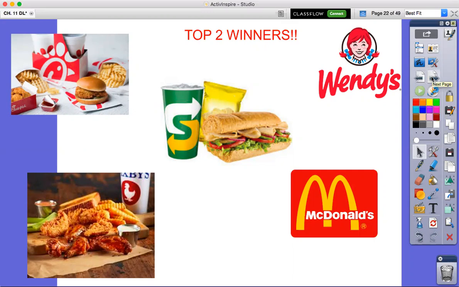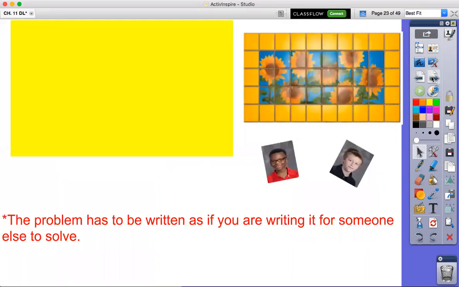All right. I'm going to ask you a question on here. The question is going to ask you to write a problem. Now, the problem has to be written as though someone else is going to solve it. So it has to be similar to the ones that you read in your math book. You can't just say, what is this? Or what is that? You have to give me an equation. You have to write a problem as if you're writing it for someone else to solve.